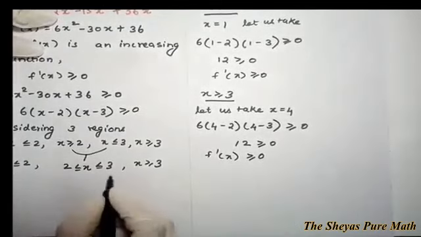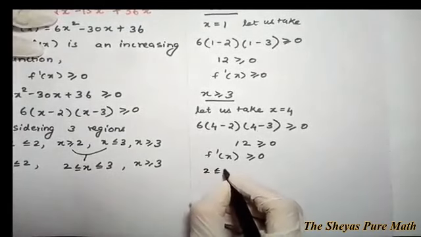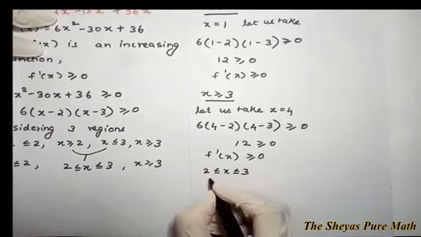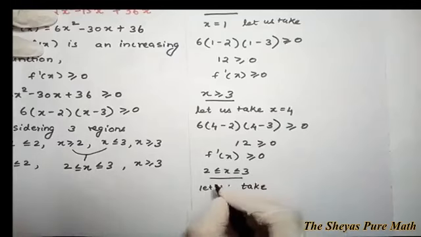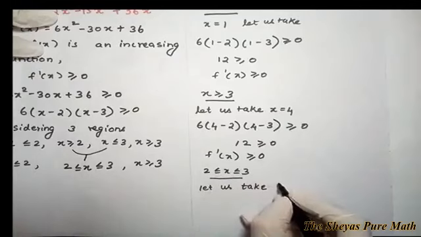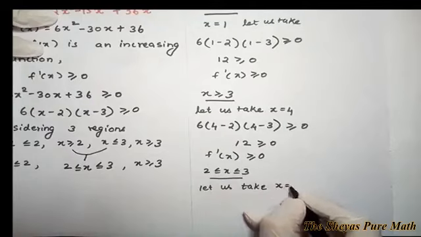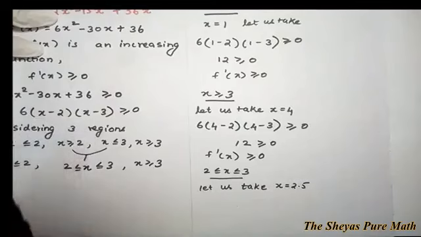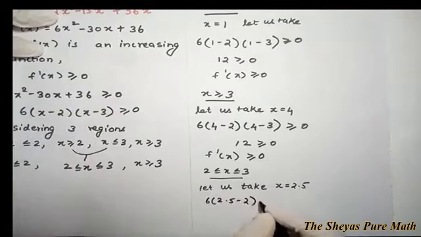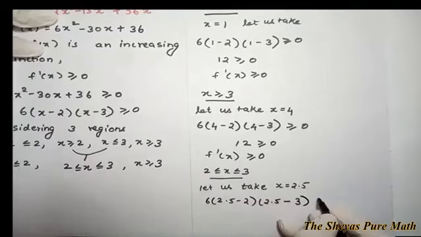So I am considering the third region, 2 less than or equal to x less than or equal to 3. So I am taking some values between this 2 and 3. Let it be 2.5. So when I put this 2.5 in the place of x in f dash of x, what will you get? 6 into 2.5 minus 2, 2.5 minus 3 is greater than or equal to 0.